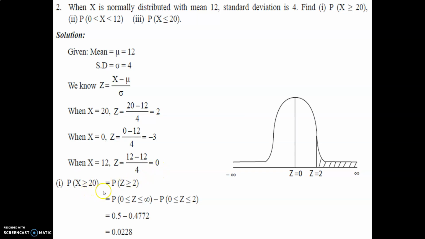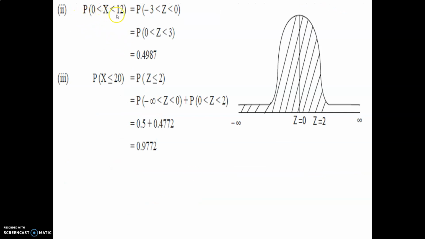For x greater than or equal to 20, P(Z greater than or equal to 2), we have to subtract: P(0 less than or equal to Z less than or equal to infinity) minus P(0 less than or equal to Z less than or equal to 2). This portion we have to cover. 0.5 minus 0.4772 is 0.0228. This is the probability.